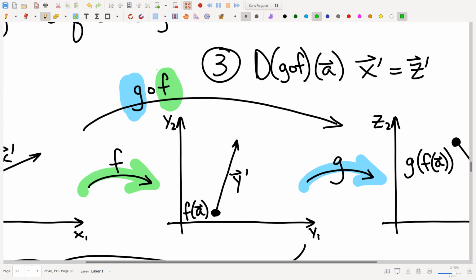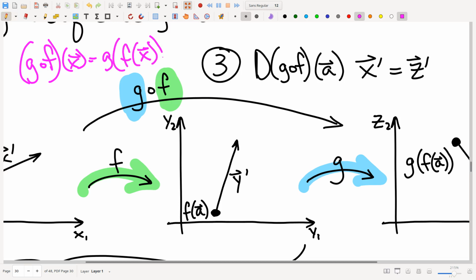Well, I get the sentiment, right? It does seem backwards. But notice the way we compute g compose f is, if you have g compose f applied to some vector x, the definition of that is g of f of x. And notice that f acts first and g acts second. So this is all actually consistent in terms of what's first and what's second. It's just different in terms of how it lays out on the page.